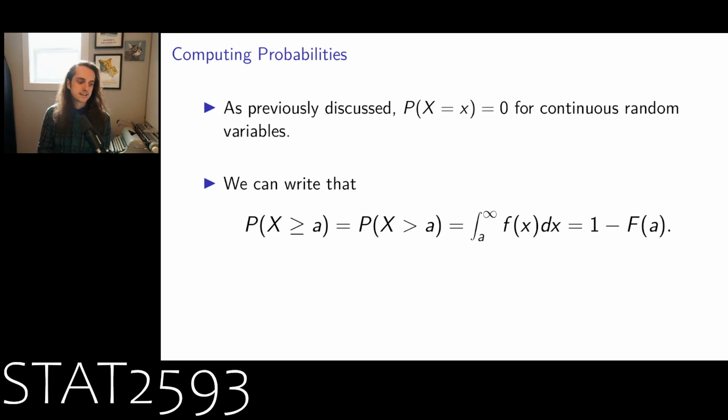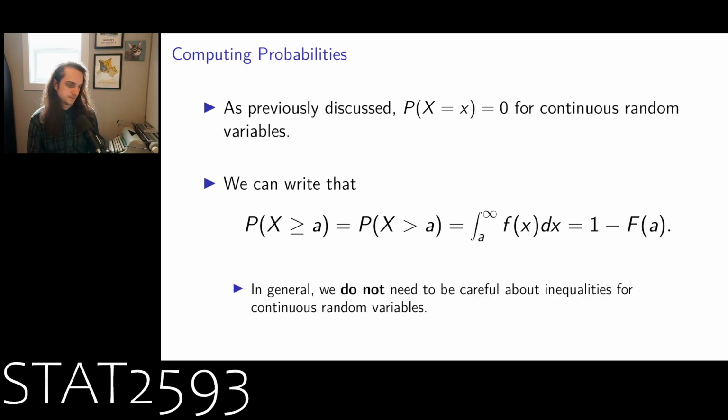because the probability that x equals a is 0, whether we use strict inequalities or inequalities that contain the equality, we'll have the same probability, right? The probability that x is greater than or equal to a is the same as the probability that x is greater than a, because the probability that x equals a is 0. Both of these quantities can be written as the integral from a to infinity of our density, which is the same thing as 1 minus our CDF.